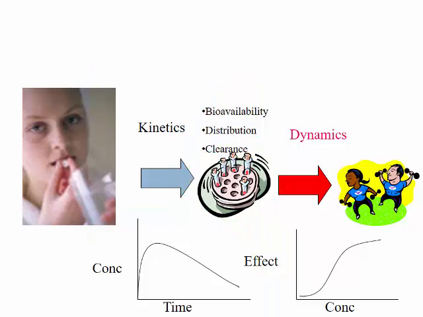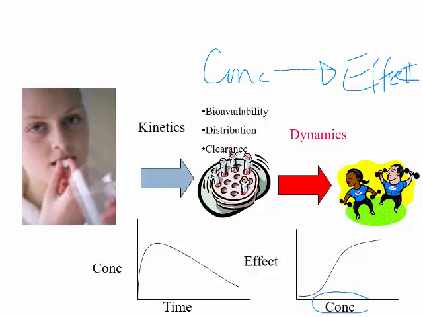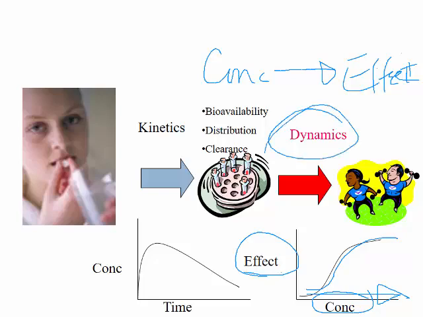Then we can take the information of those concentrations and relate those to an effect here. That's what we're going to be talking about today. So here, we can have our concentration on our x-axis, and see what effect we get as we increase our concentration. So this is pharmacodynamics, the topic of the day.